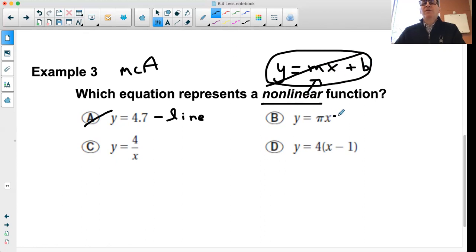So this is also a line. Letter D, in the same fashion, is y is equal to, and if you worked out the distributive property, you would have 4x minus 4. And with that in mind, you can easily see that that is also a slope-intercept line.